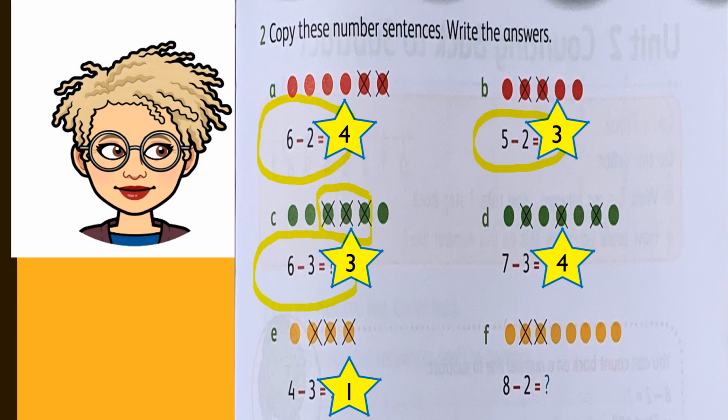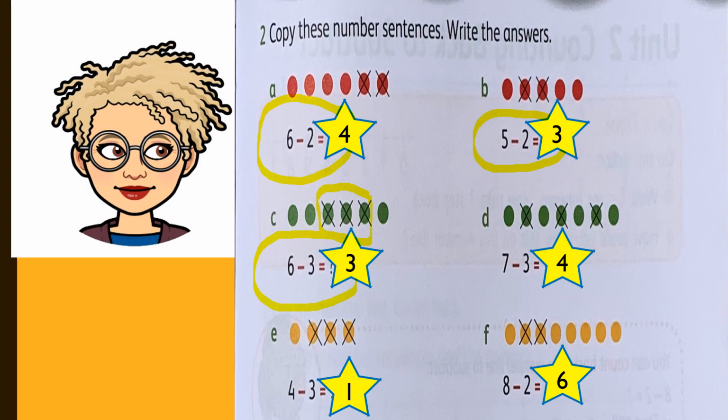Very good. So you should have written the difference 1 because there's only 1 left without an X. Letter F, your difference should have been 6. Did you write 6? Well, you should have. If you counted all the circles without X's on them, your difference is 6.